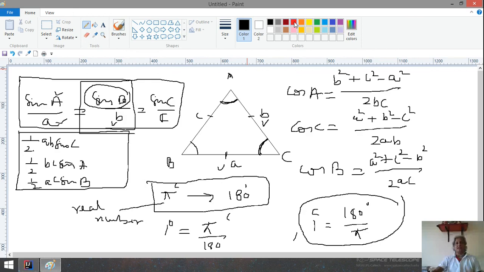Let me use this red line for this, and if I put the C there, then this becomes B sine C upon sine B. This will be the value of side C. So side C is B sine C upon sine B.